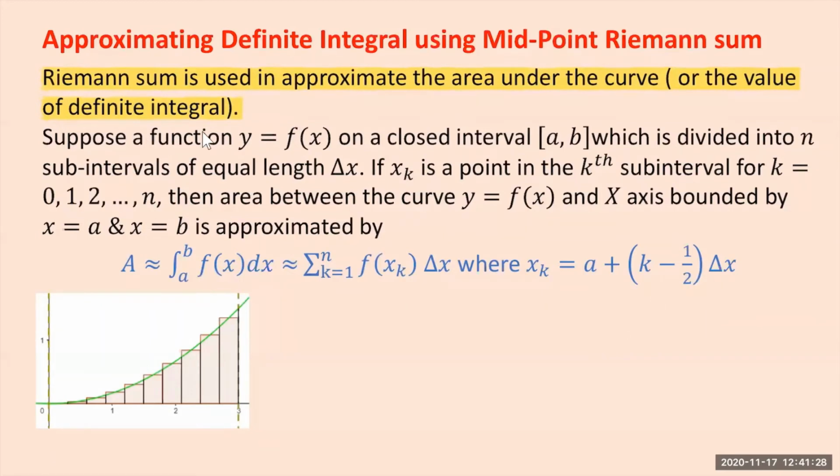I'm going to illustrate the midpoint Riemann sum here by drawing a function. So you may also consider adding this in your note catcher if you want. That's my vertical axis. This is my horizontal axis. Suppose there is a function y equal to f of x.